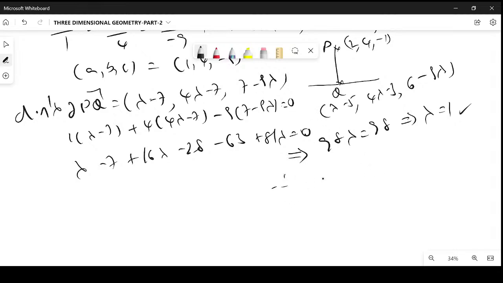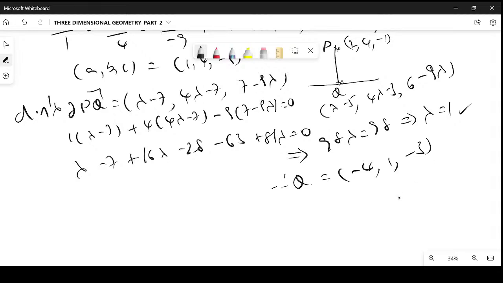Therefore Q, with lambda equal to 1, you will get the point minus 4 plus 1 minus 5, 4 minus 3, 1, and you will get 6 minus 9, it will be minus 3.